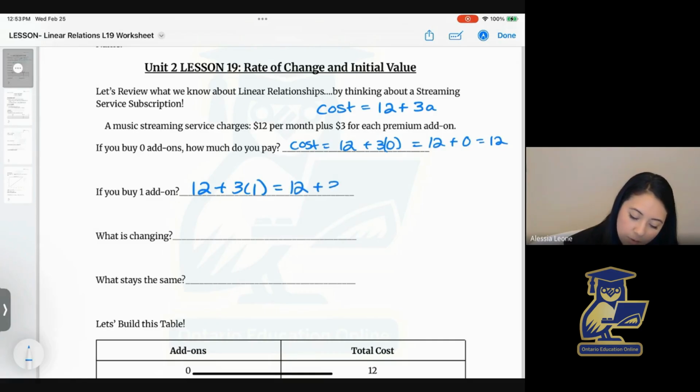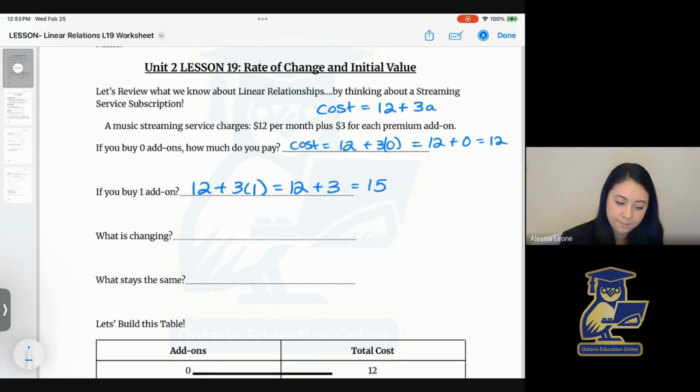Three times 1 is 3. 12 plus 3 is 15. So our total cost would be $15 if we did 1 add-on.